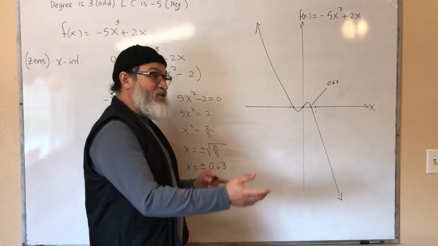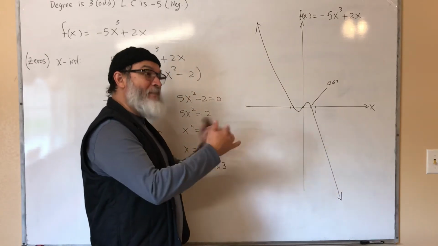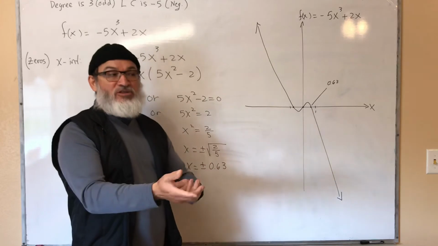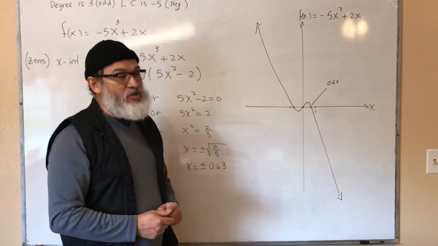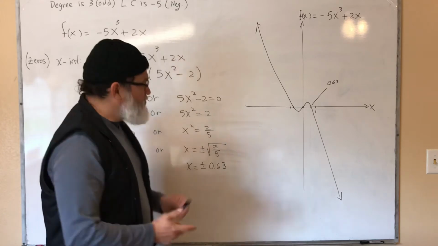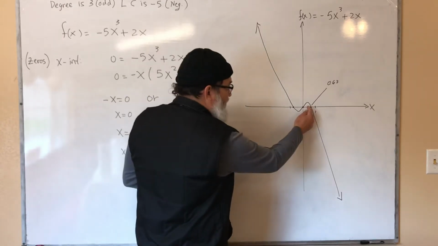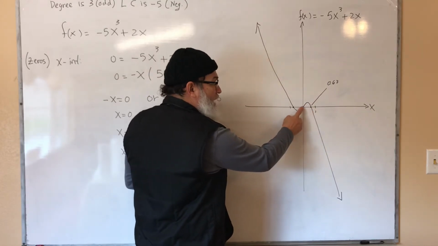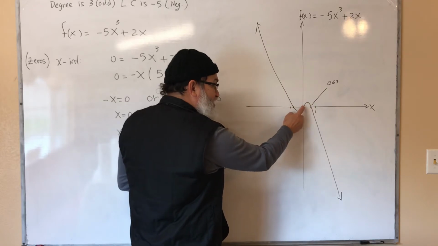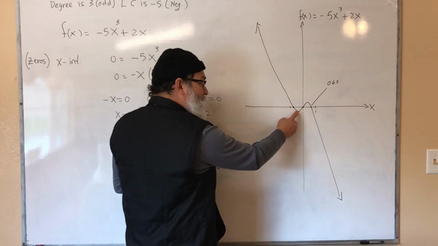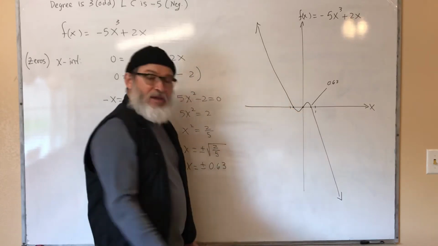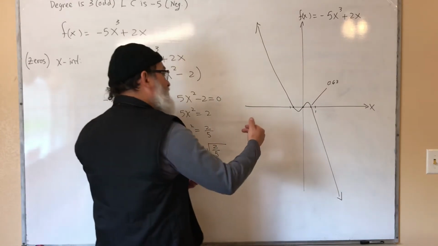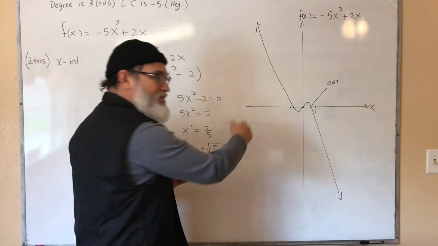If it repeats itself in the opposite direction to the left of the y-axis, then it's symmetric with respect to the origin. And it does. It goes up to the right and then comes down at 0.63. On the left, it goes down in the opposite direction and comes back up at negative 0.63. So it is repeating itself in the opposite direction to the left of the y-axis.